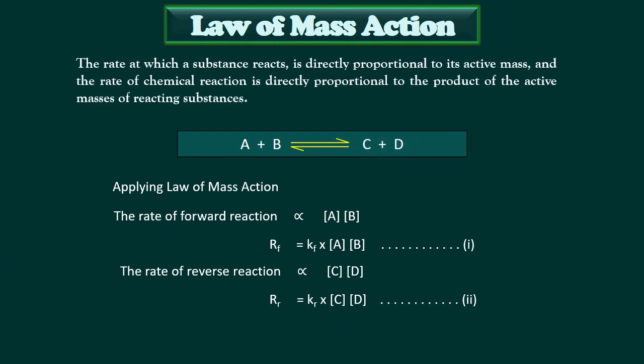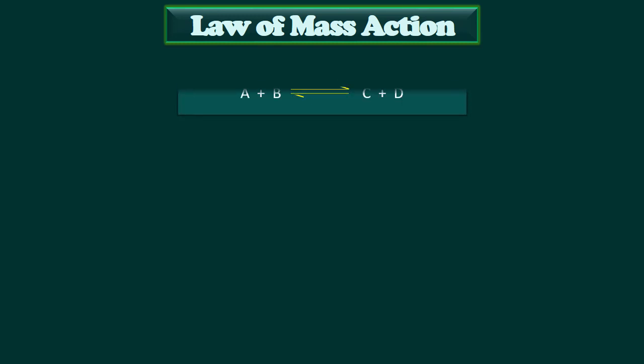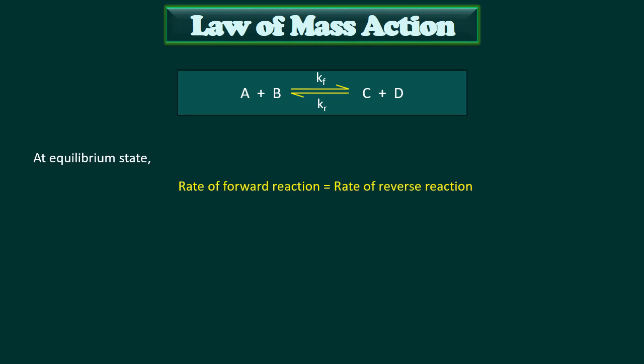So by applying the law of mass action, we obtain these two equations. Let's rewrite the equation by including Kf and Kr in it. You know that at the equilibrium state, the rate of forward reaction is equal to the rate of reverse reaction. So, substituting the values of Rf and Rr from equations 1 and 2, we get this.